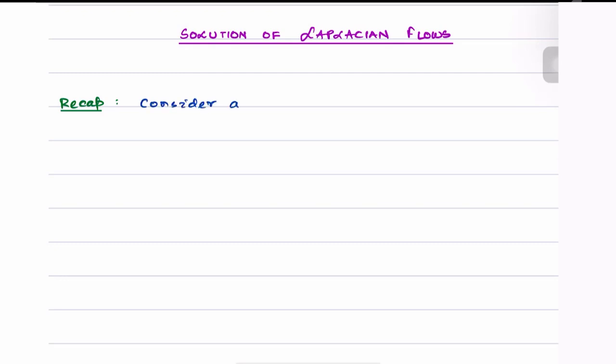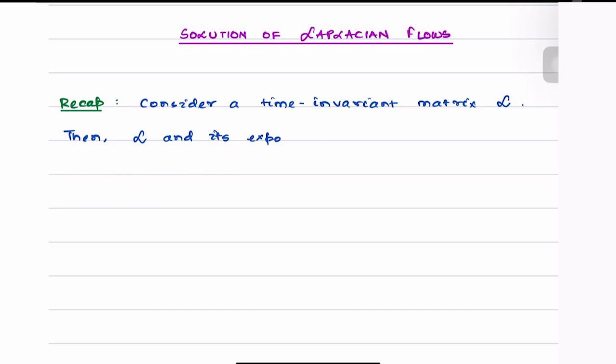Consider a time invariant matrix L. Then L and its exponential, given by e raised to the power Lt, commute.